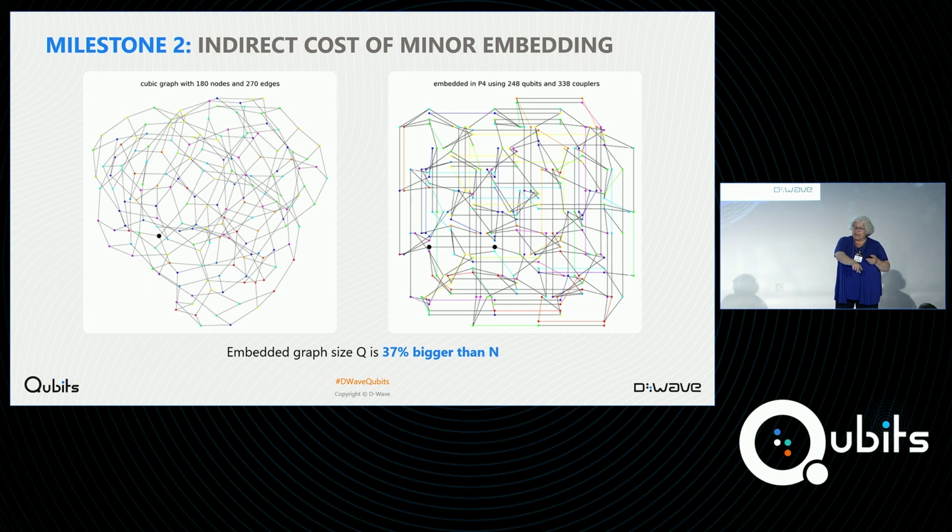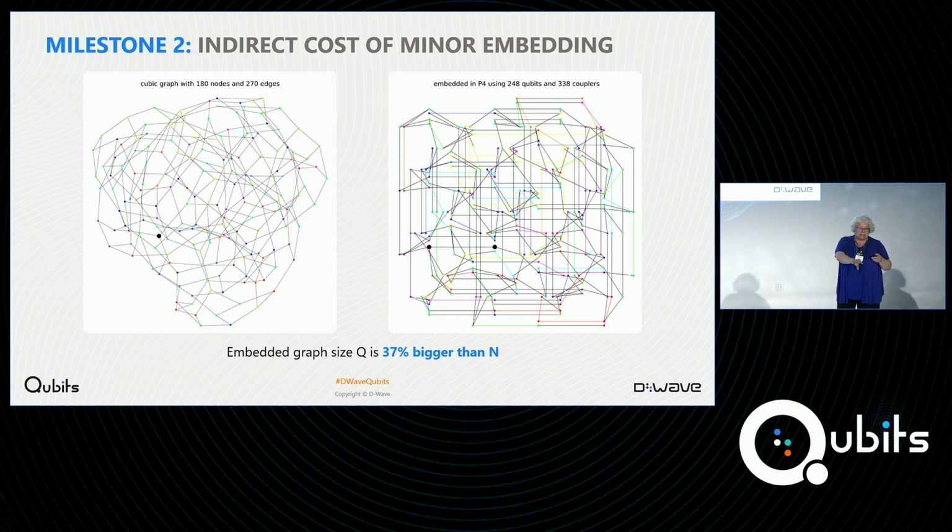So in the example here, there's a big black dot. That's an oversized node, and it got mapped to 2 qubits in the Pegasus graph. They have strong couplings to make sure they give you the same solution as much as possible, and then between them, they're connected to the other 3 neighbors, and so forth.